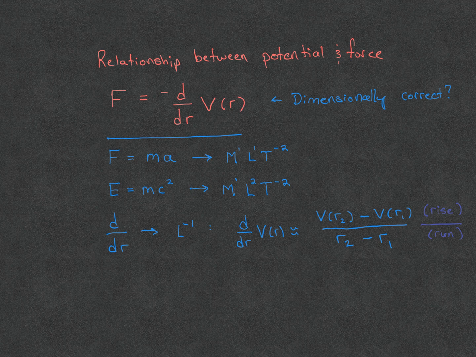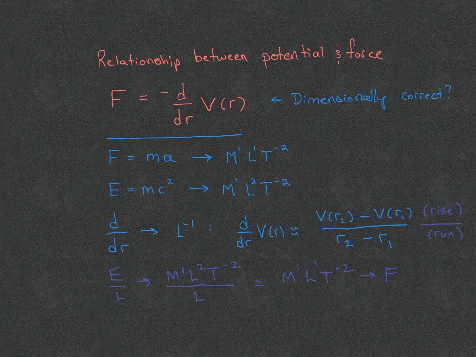And so the dimensionality of energy divided by length must be mass to the 1, length to the 2, T to the minus 2, divided by length, which is overall going to be mass to the 1, length to the 1, T to the minus 2. And that's what we determined is the dimensions of force, okay?